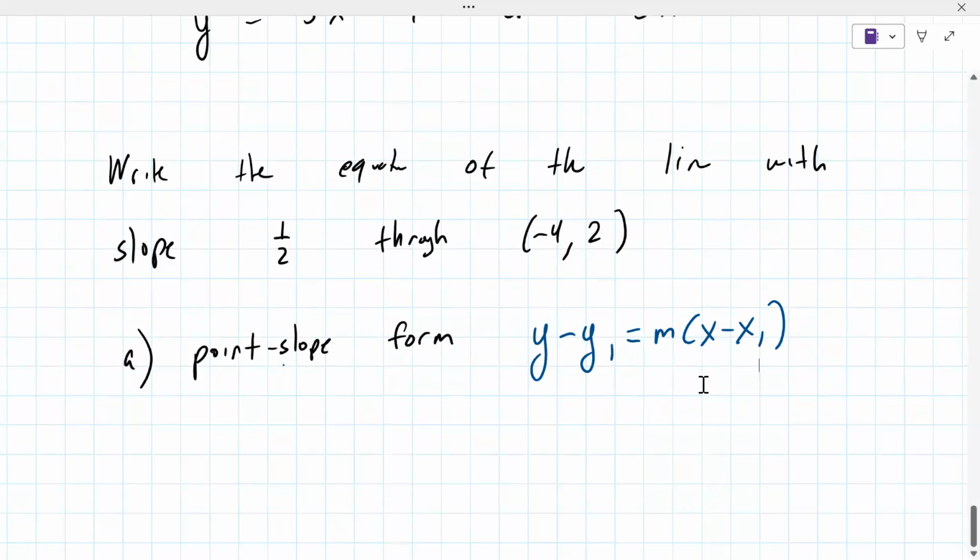Can you do that for me? Can you write this in point slope form with the slope through this point, please?